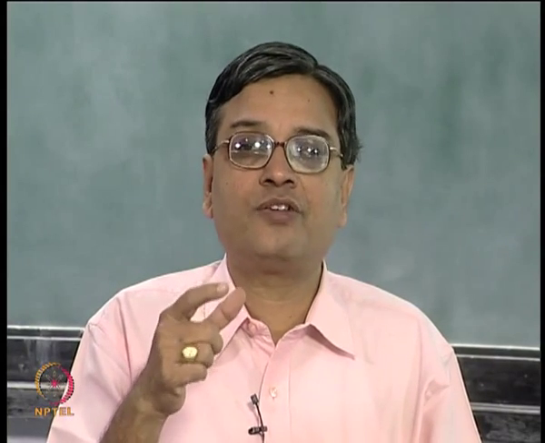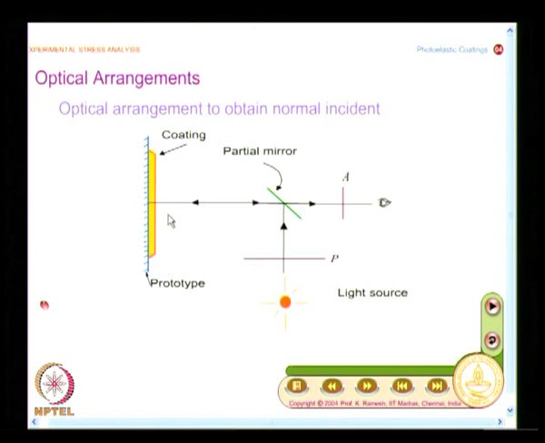The length is the one which is going to determine the retardation seen in that light path. So, what can you immediately guess when I have a reflection arrangement like this?